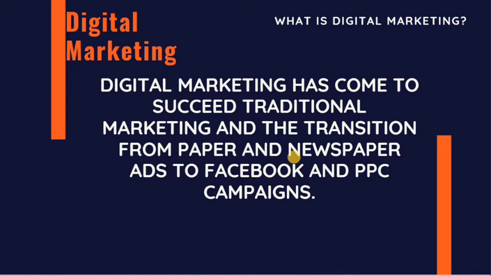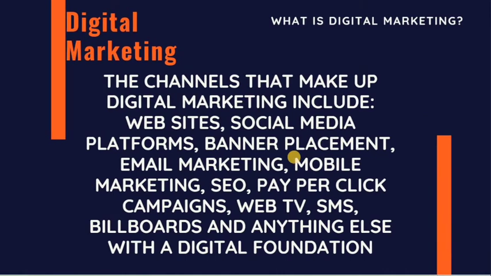So now digital marketing has come to take over all those things, and now you see more advertisement on Facebook. You see PPC ads. These are the ads that you see on Google. So these are the things that digital marketing has come to succeed. Now we're going to be looking at the channels that make up digital marketing.